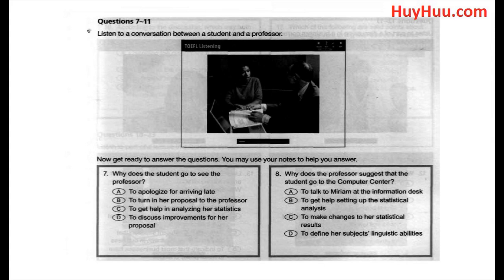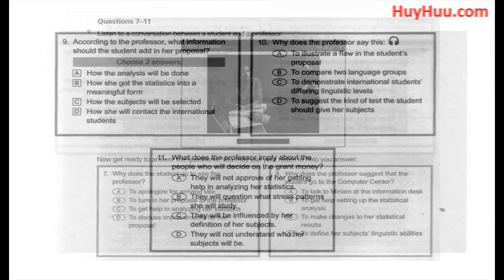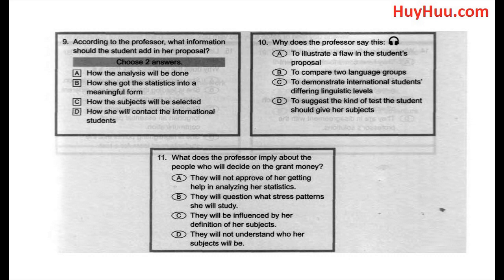Now get ready to answer the questions. You may use your notes to help you answer. 7. Why does the student go to see the professor? 8. Why does the professor suggest that the student go to the computer center? 9.